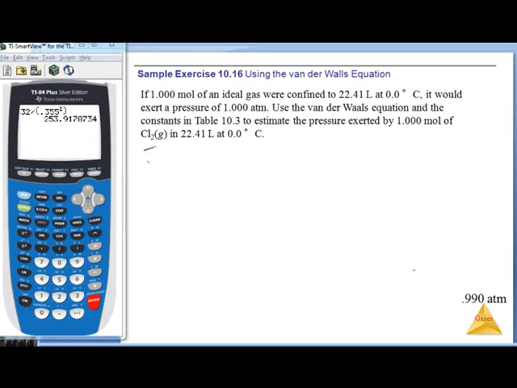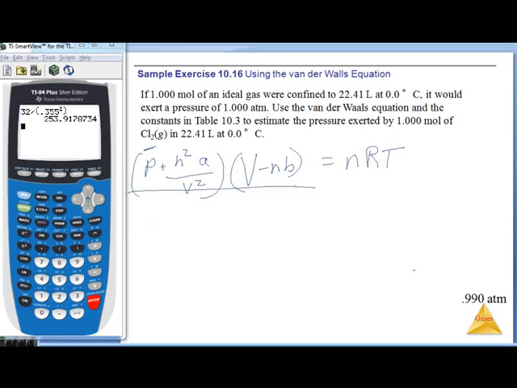So the equation on the previous page said (P + n²a/V²) times my volume, which is (V − nb), that's specific to different substances, equals nRT. Alright, so in this case, I am trying to solve for pressure, so in order to do that, I'm going to do some rearranging.